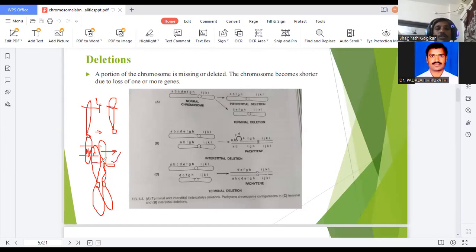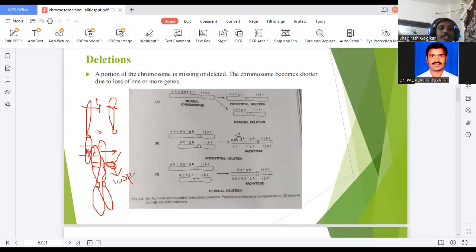The homologous part is not here; what happened here? It was deleted. Because it is deleted, that part forms a bubble-like portion that is known as a loop.